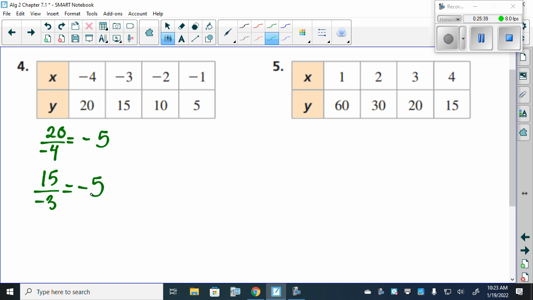Even though we do have this pattern, I would run it all the way through all the numbers they give us. 10 divided by -2 is, and 5 divided by -1 is -5. They're all -5, so this would be direct.